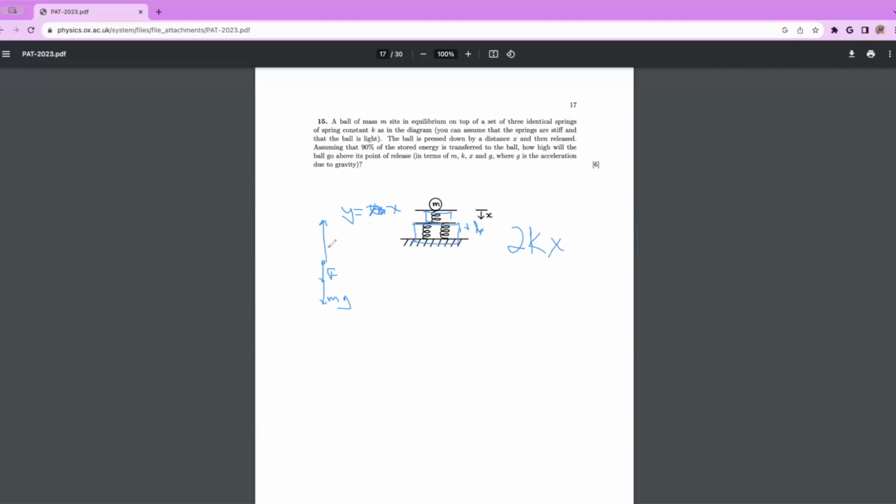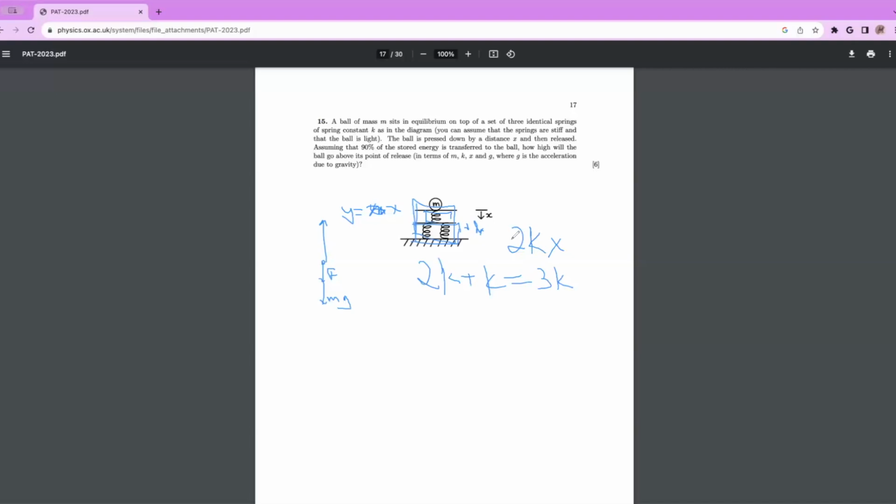How does this actually work? Actually, I suppose if we consider the bottom spring a spring of length L, for example, and this is also length L, and this has spring constant 2k, we can probably consider the whole thing as one big spring. So I'm going to pretend at least that you can add the spring constants to get 3k, because that's how it seems to be working to me.